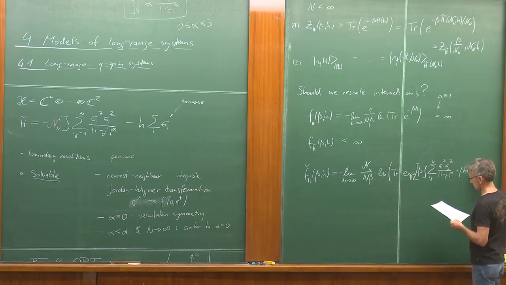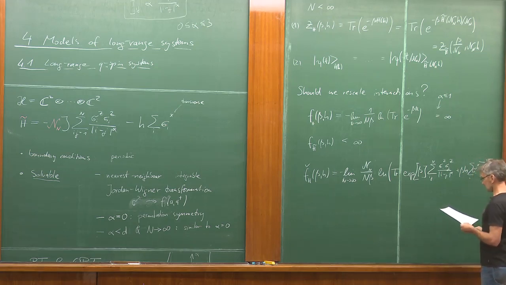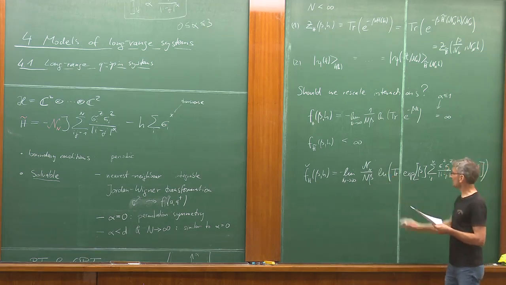Plus beta h, and then the sum over i and sigma_i^x. This should be the expression for the free energy with that rescaling in here.